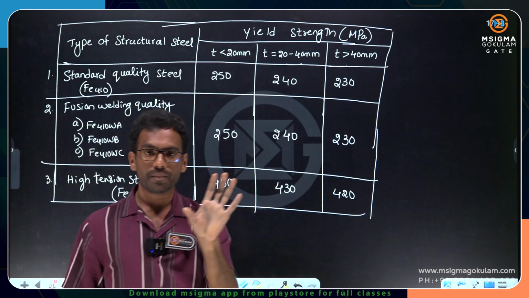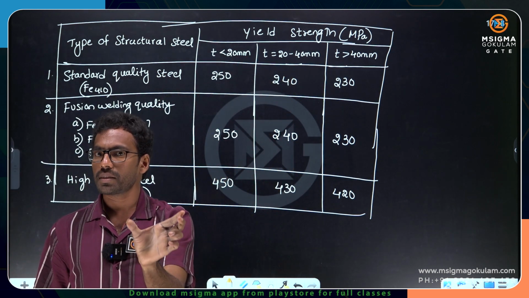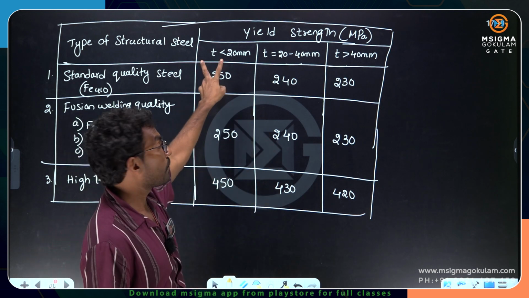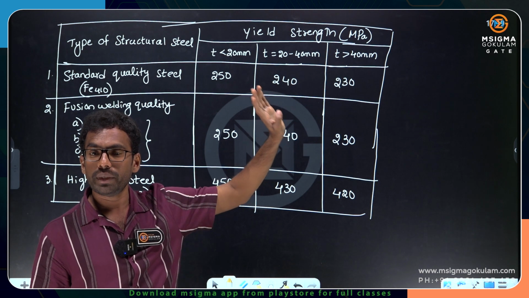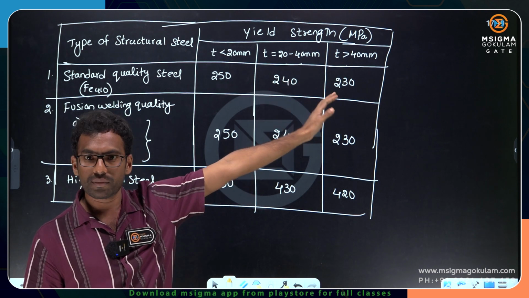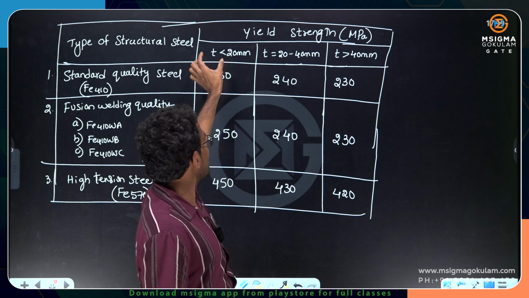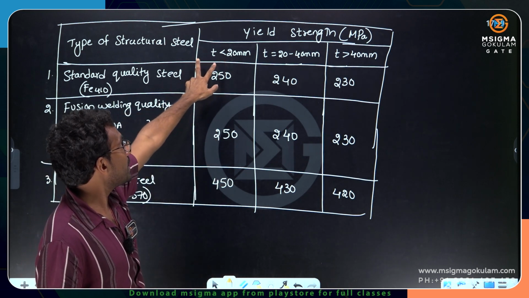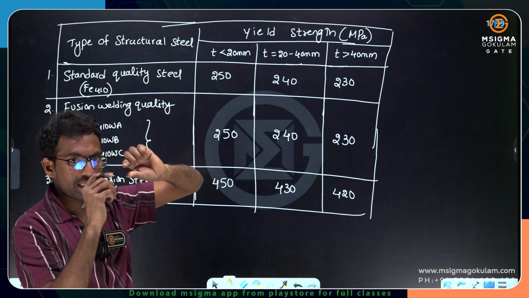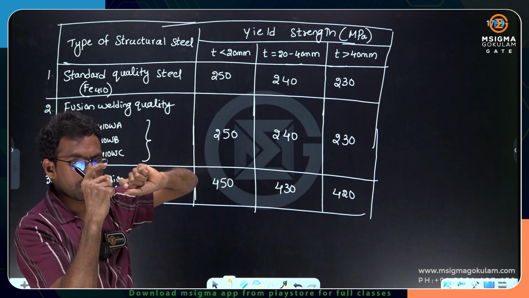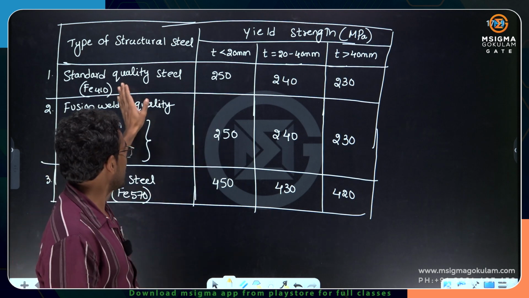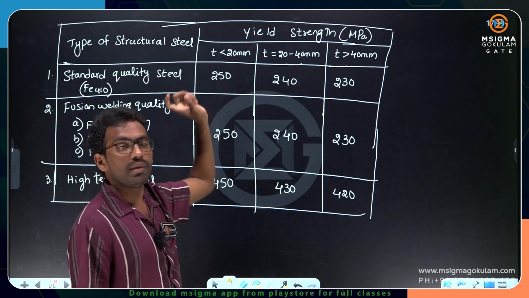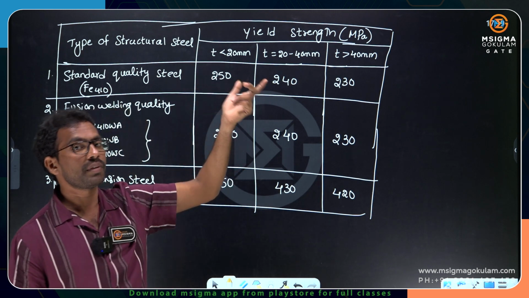Please note that the yield strength of the structural steel is dependent on its thickness. Thickness is going to govern the yield strength of the material. Less is the thickness, more is the yield stress. Please make a note of this. If you take an I section made of standard quality steel, whose thickness of the flange or web is less than 20 mm, then its yield strength is 250 megapascal.